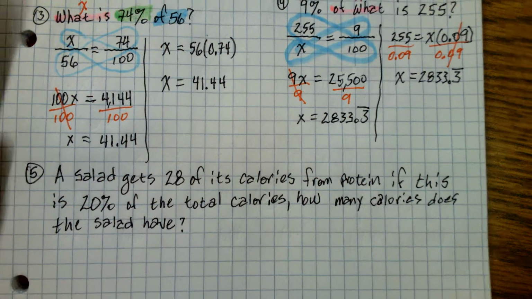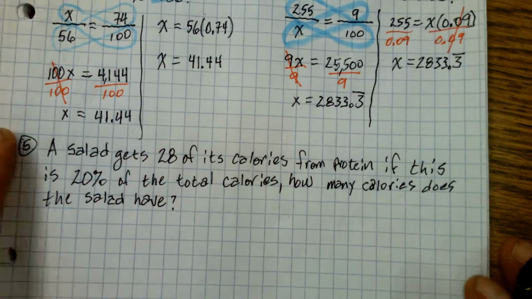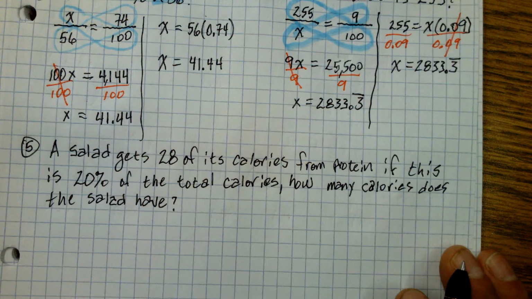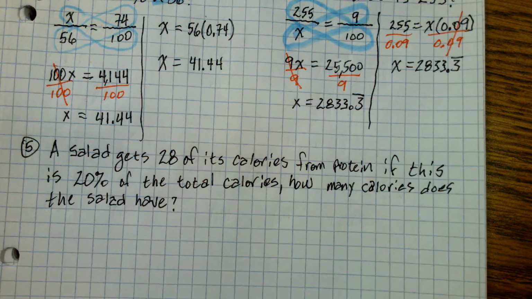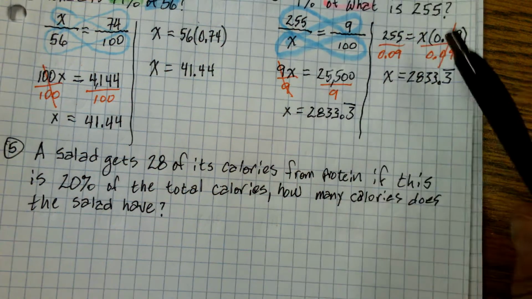Okay, so at this point, you tell me. Can we just multiply 28 times 5? Multiply 28 times 5. Oh, okay. But the choices are percent proportion or percent equation.